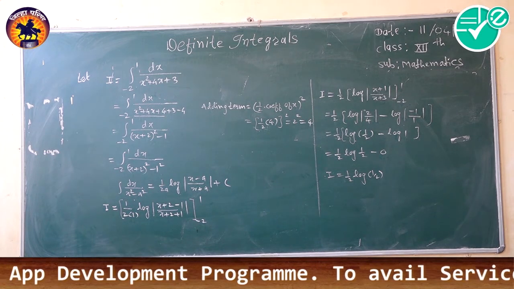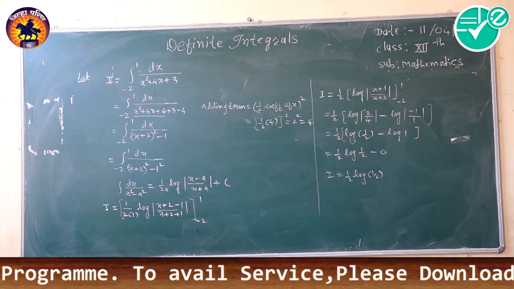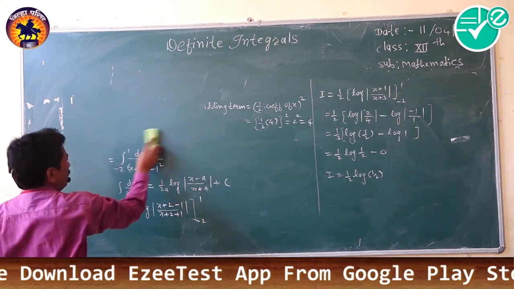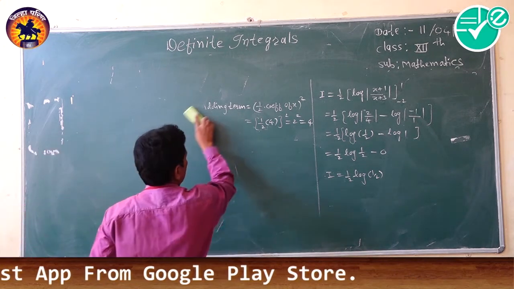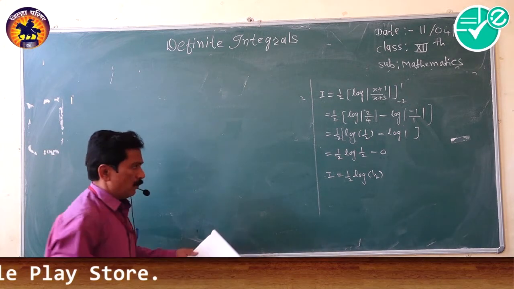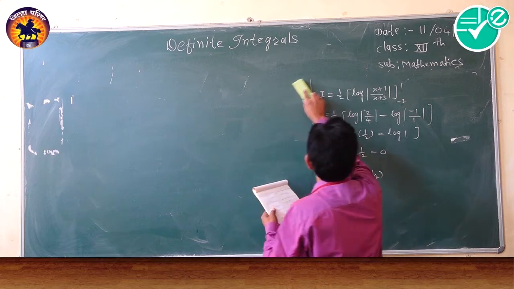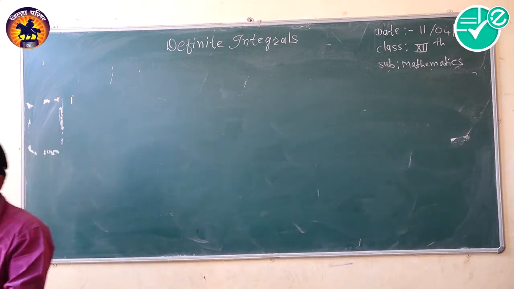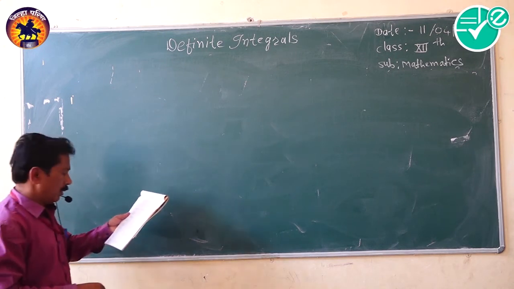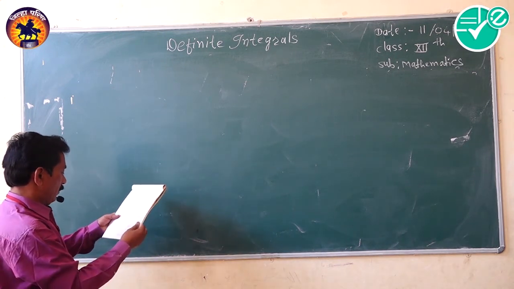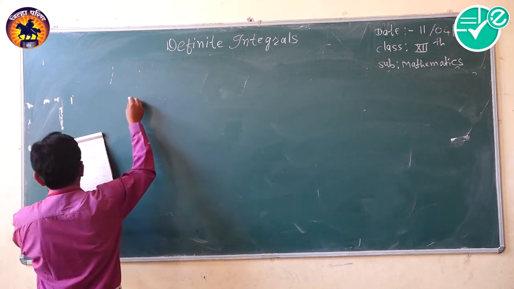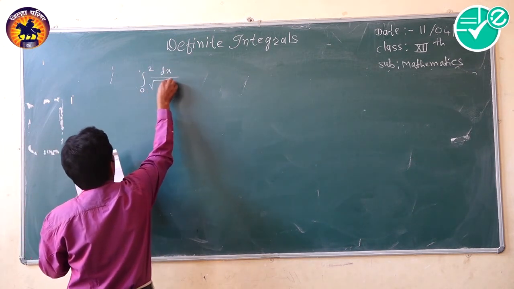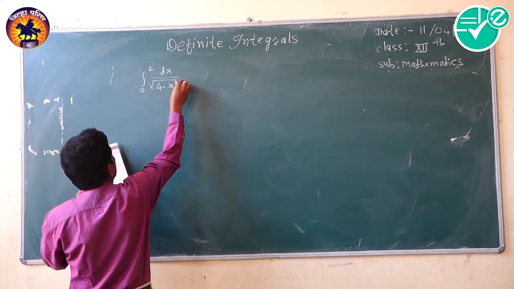Let me take the next example. Evaluate integration from 0 to 2 dx upon under root of 4 minus x square.